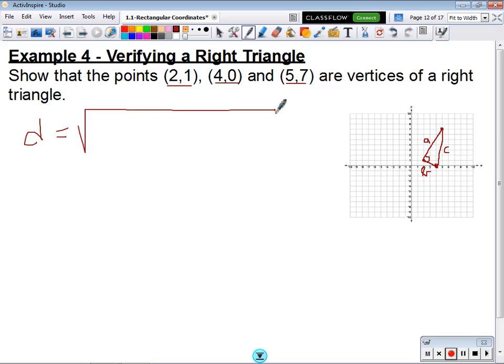So if I first take the length of side A, let's say, which would be the point 2, 1 going all the way to the point 5, 7.